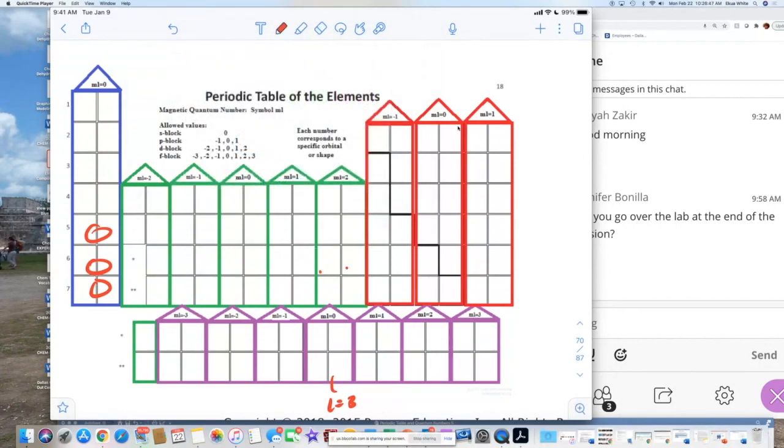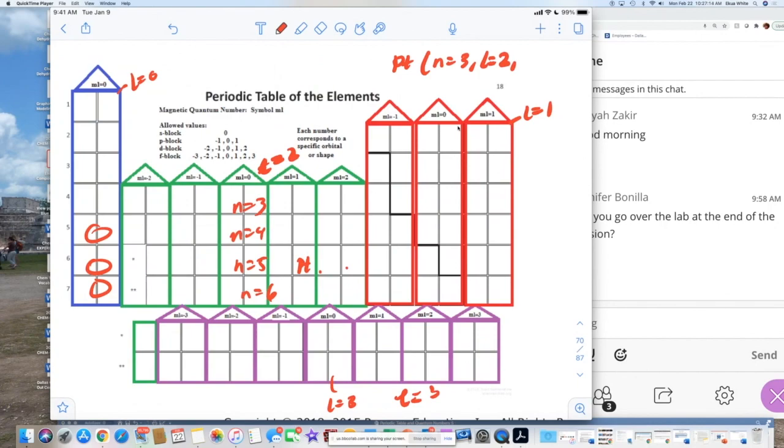So to figure out the energy level for platinum, remember, this starts with N is 3, N is 4, N is 5, N is 6. So you can see for platinum, N is 3. And then, of course, this is L is 0, L is 1, L is 2, L is 3, so L is 2 for platinum.